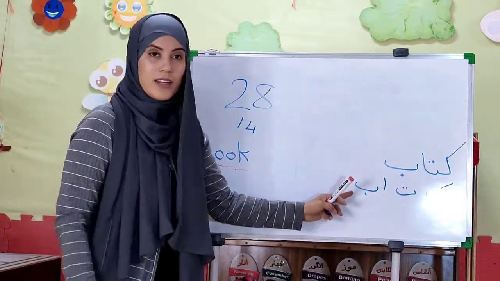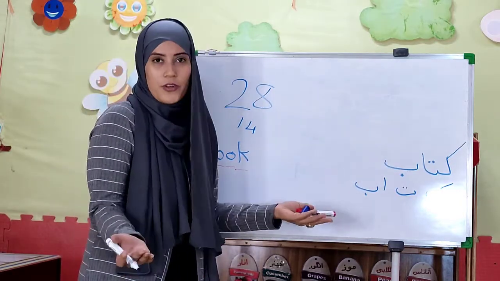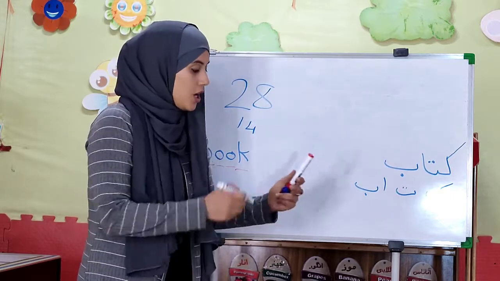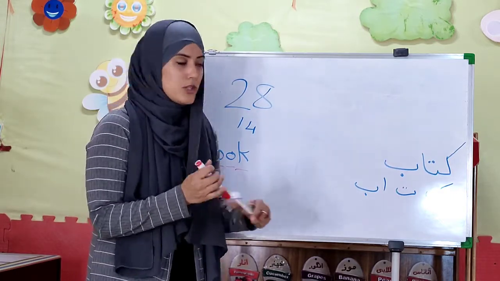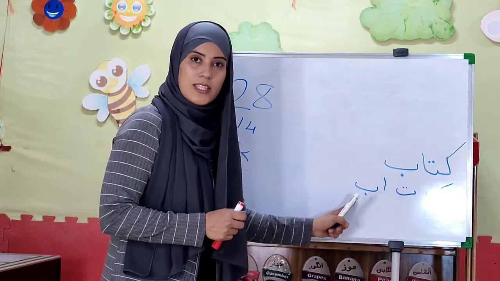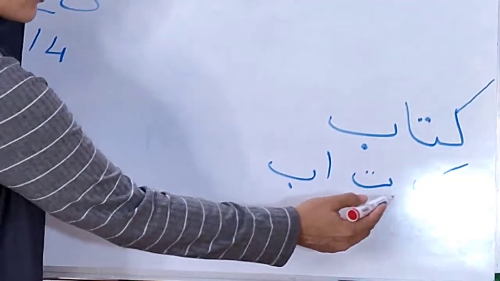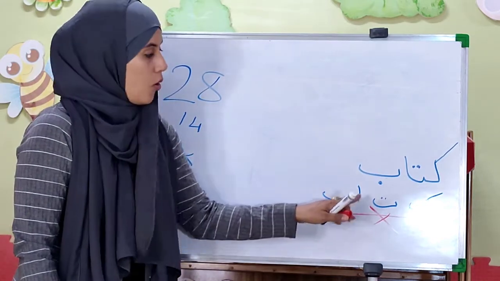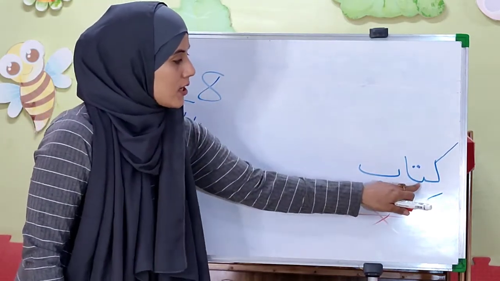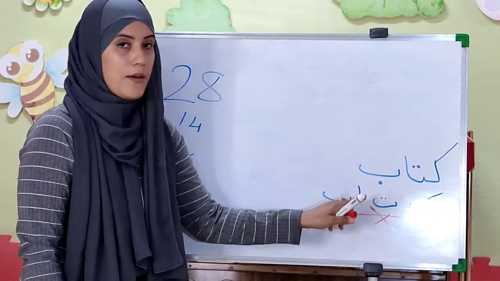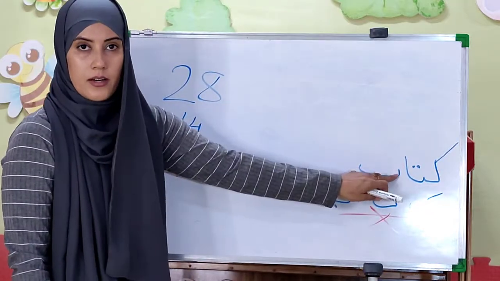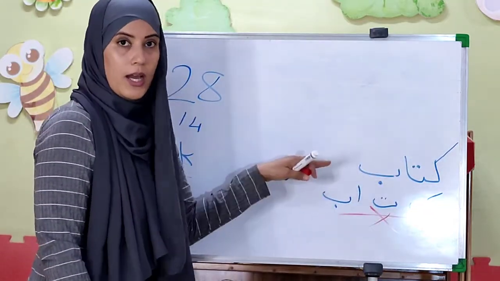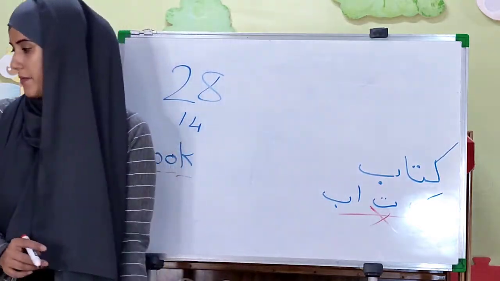You may not recognize them now because you're not yet familiar with the alphabets, but inshallah once we get to the alphabets, you can pick each single letter. So this is not right. We never write separately in Arabic. All the letters are joined and connected, just like the example, kitab, I've written here. So it's written from the right and it's all connected.